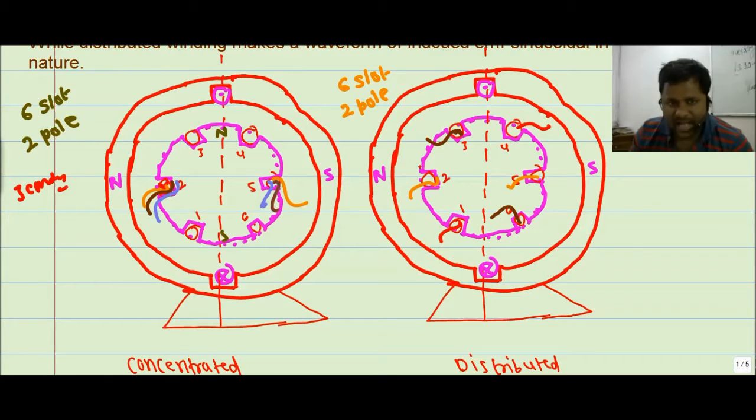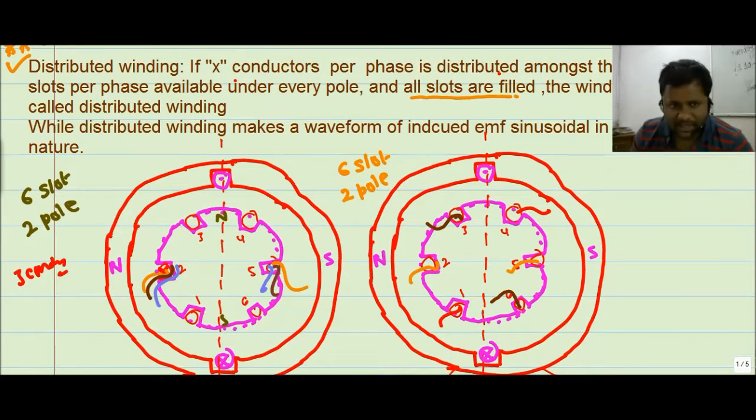This gives a uniform air gap. This basically gives a sinusoidal waveform, and the advantage is that distributed windings make the waveform of the induced EMF sinusoidal in nature. How we can obtain this, we have already discussed in the previous lectures.